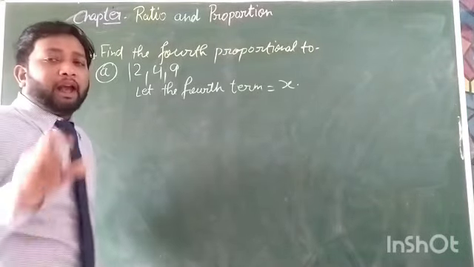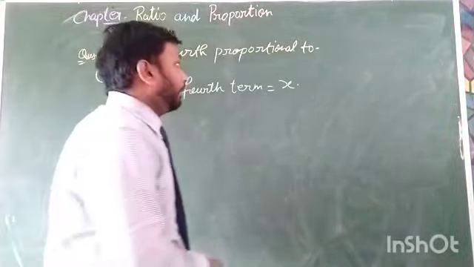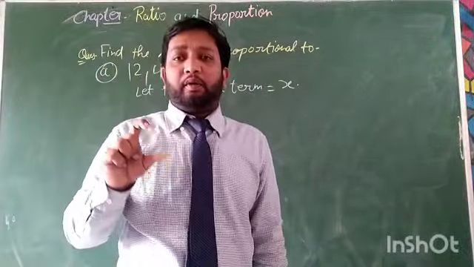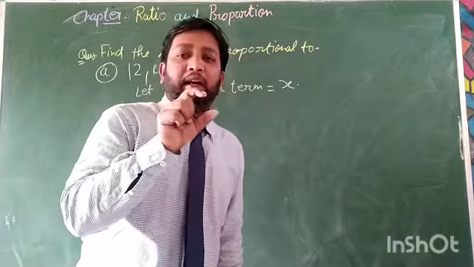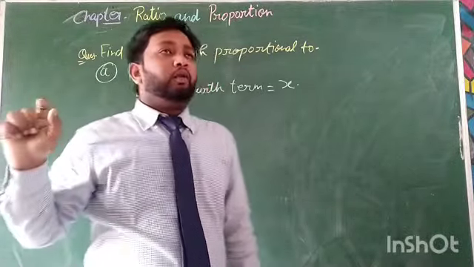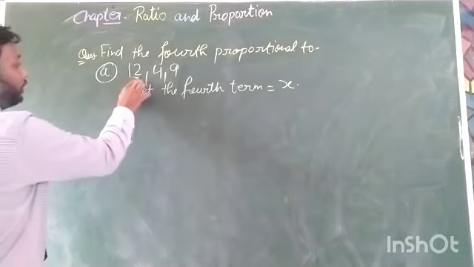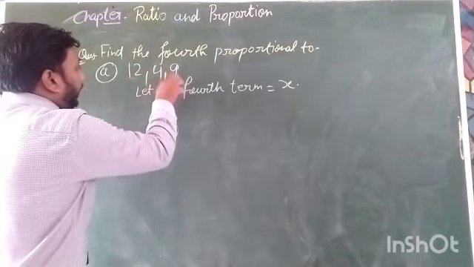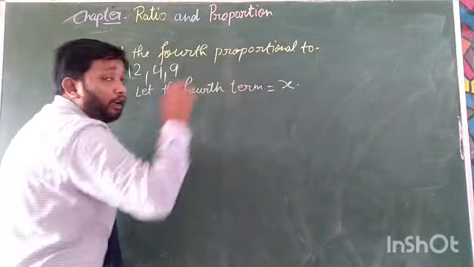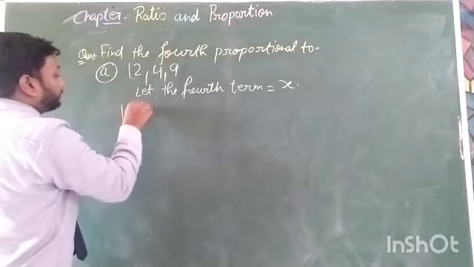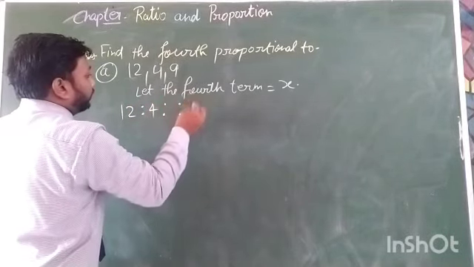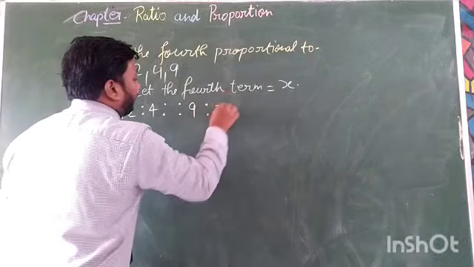If we take x as our fourth term, then we write all the numbers in a proportion. If we are given 4 numbers a, b, c, d and we have to write them in a proportional expression, we write it as a ratio b proportion to c ratio d. Here our first term is 12, second term is 4, third term is 9 and fourth term I have assumed as x. So in proportion, it will be 12 ratio 4 proportion to 9 ratio x.